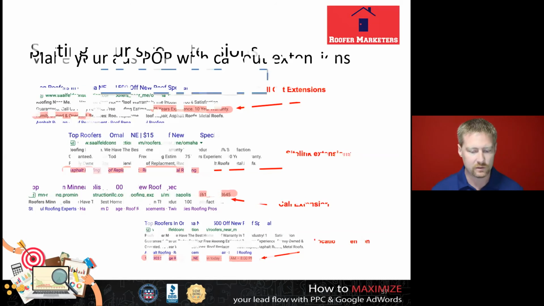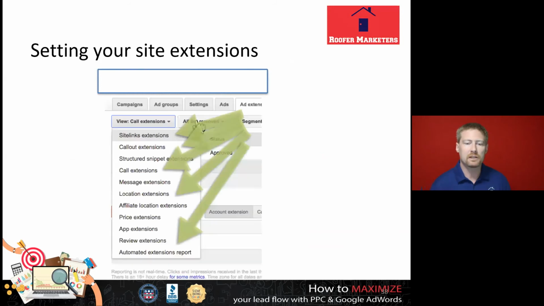So to set up your site extensions, it's in your Google AdWords campaigns. You go to view call extensions. Under ad extensions is where you set these up. So you have a lot of different options: sitelinks, callouts, structured snippets, call extensions, message, location. So for you guys in the roofing, you want to make sure you're doing the location extension, right?